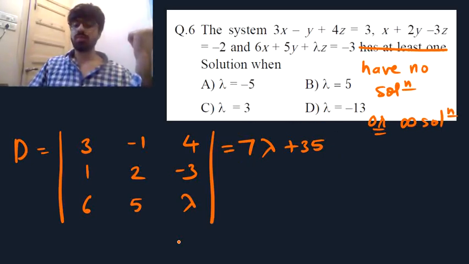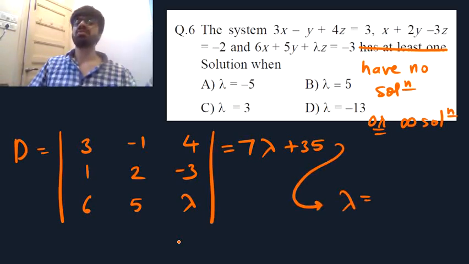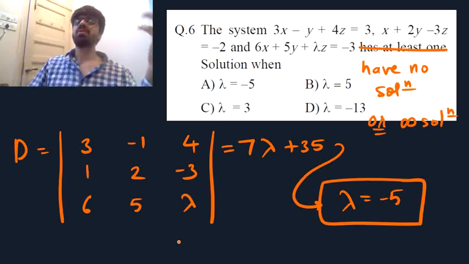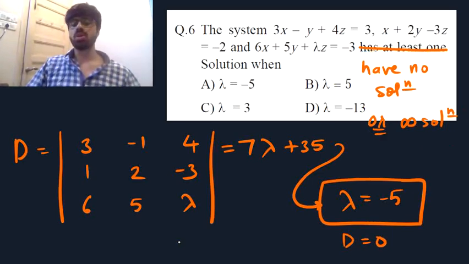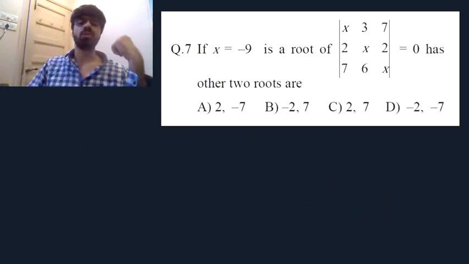That is when 7 lambda plus 35 will be 0. That is when lambda will be minus 35 upon 7, that is minus 5. So for lambda equal to minus 5, D will be 0. And in that circumstance, either we will have no solution or we will have infinite solutions. So lambda equal to minus 5, that is option A, will be the right answer for this question.